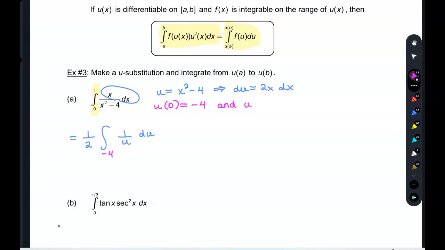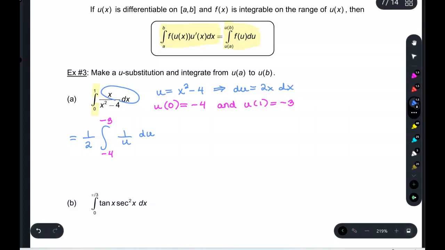And u of 1, if I plug 1 in for x squared minus 4, I get 1 minus 4, which is negative 3. That means when I integrate now, I don't have to go back to anything in my original integral. I now have negative 3 and negative 4 going along with u.